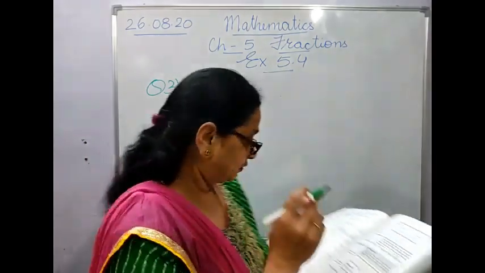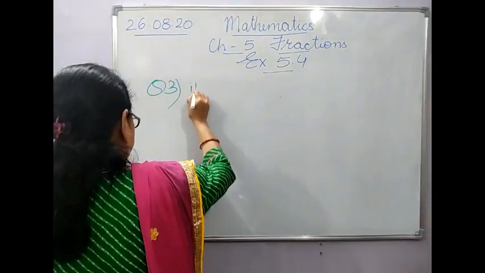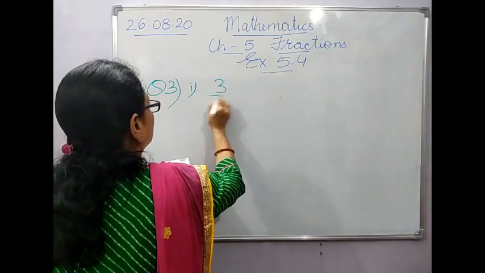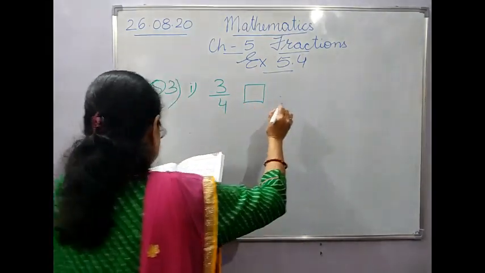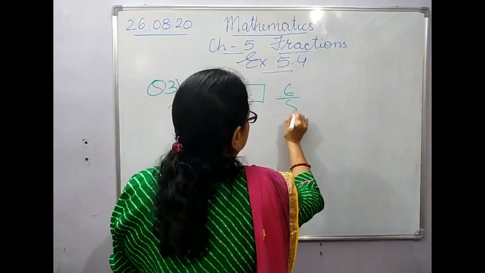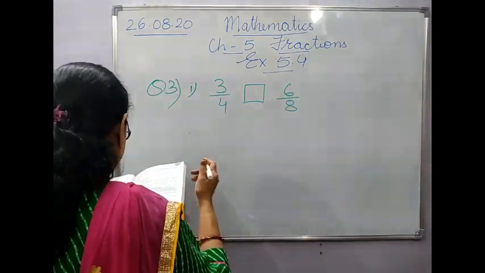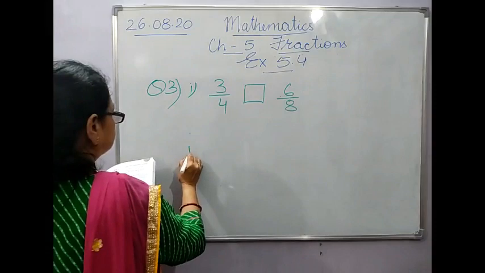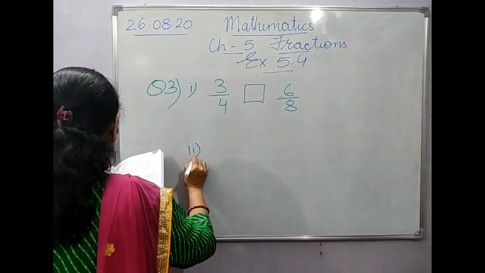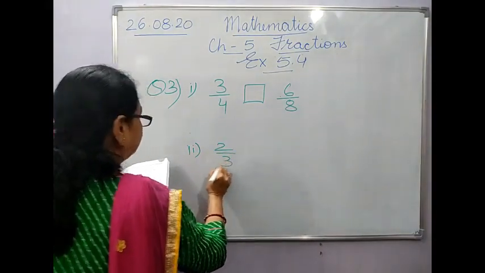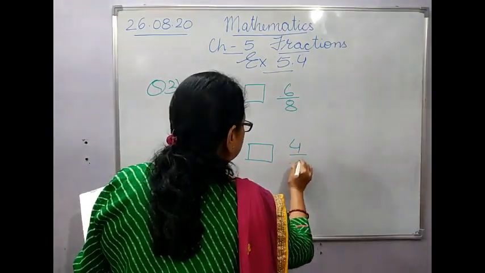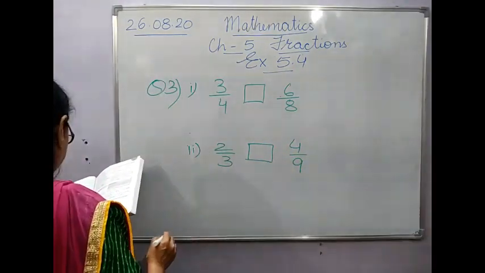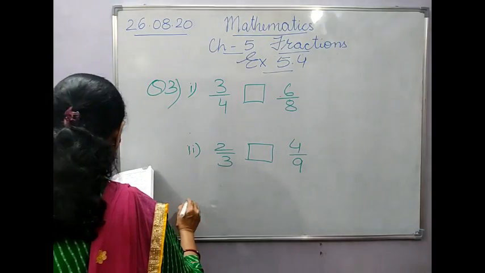So first one, if I do, it is 3 upon 4, then there is a box in which you have to put the sign, and 6 upon 8. Then this is the second one, 2 upon 3 and 4 upon 9.